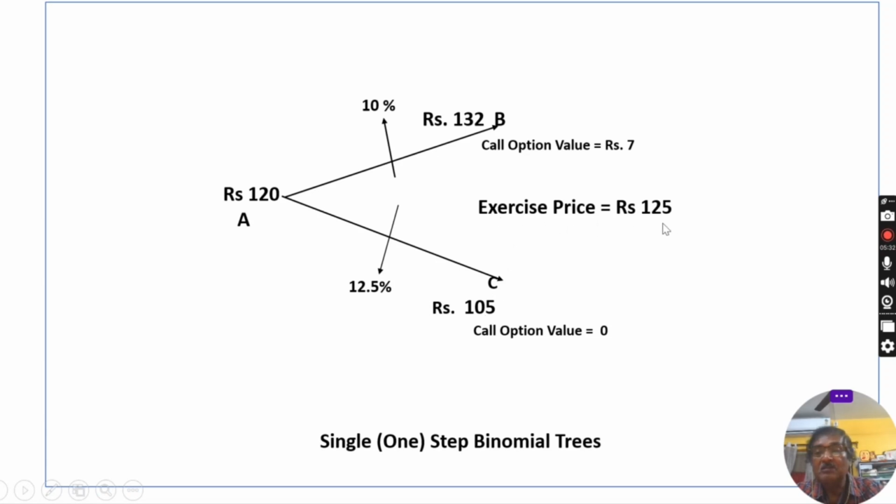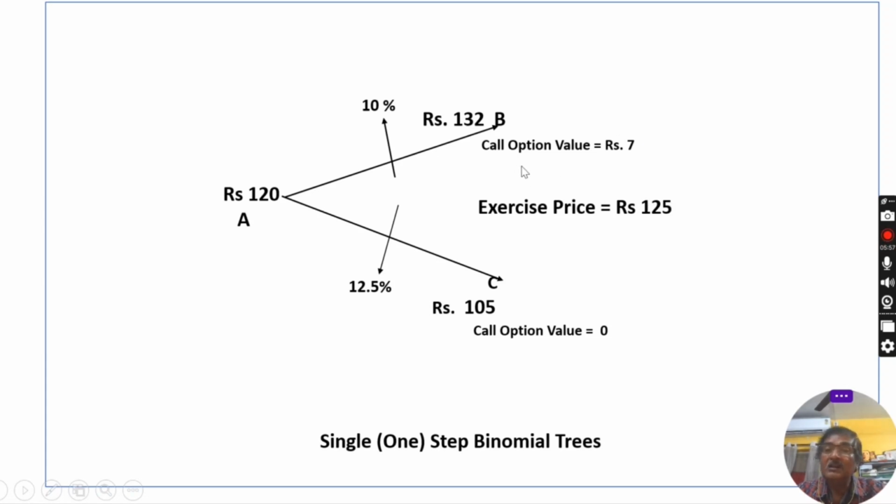Exercise price is noted, this 125. If the exercise price is this and the price at the end of the year is this, then what is the call option value? As the market price is higher than the exercise price, the call option value will be this minus this.